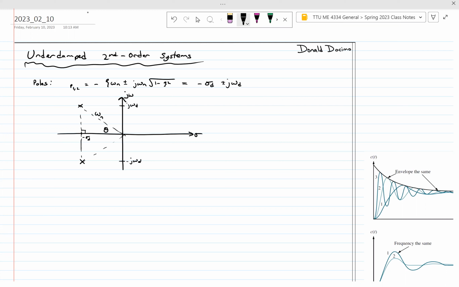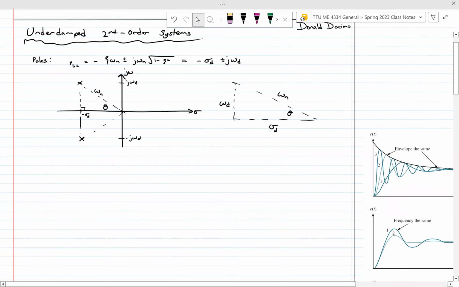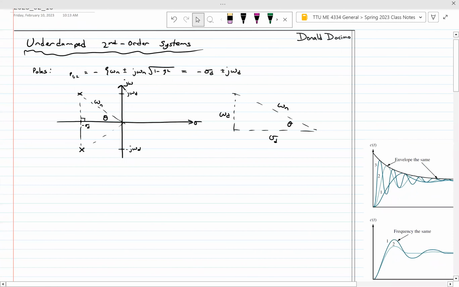So we can get a right triangle that is going to relate the real part, the imaginary part, and our natural frequency here. And this angle theta is going to relate to actually zeta, as we're going to see in a second here. Okay, so these are our baseline poles.